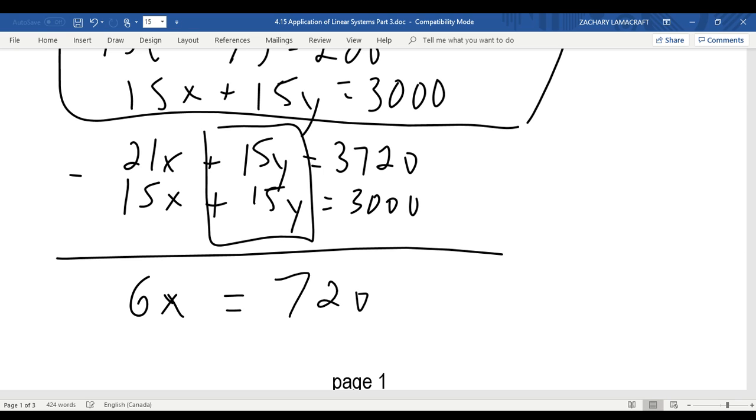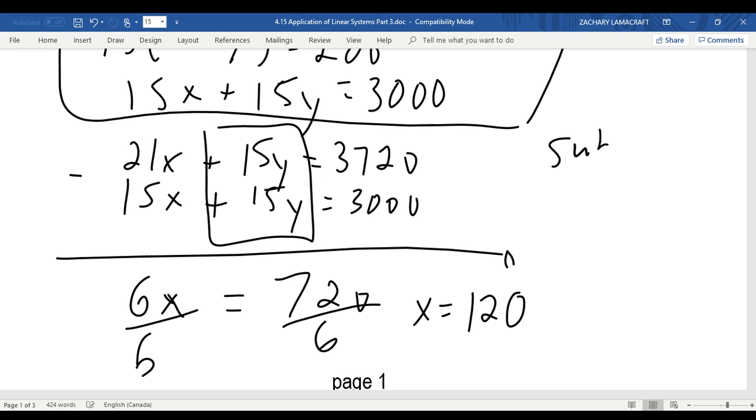So just like we would do any other time, we're going to divide both sides by 6. It's going to give us the answer of 120. So now, just like we've done in every other situation, we're going to sub x equals 120 into the original equation.